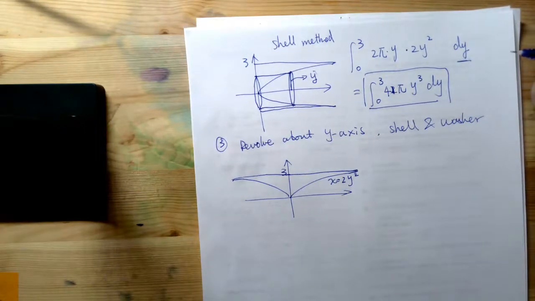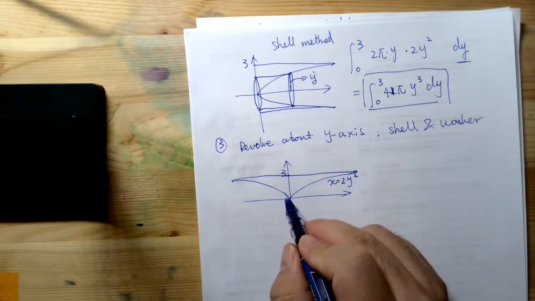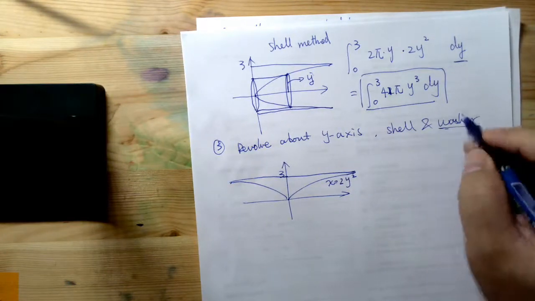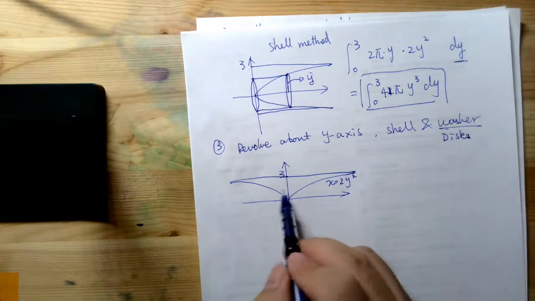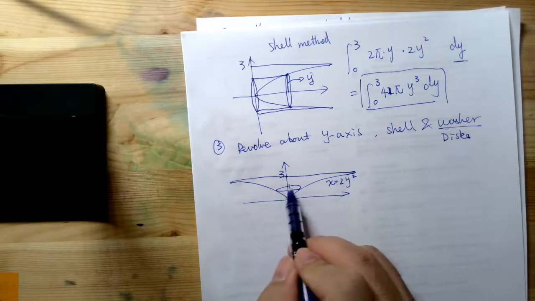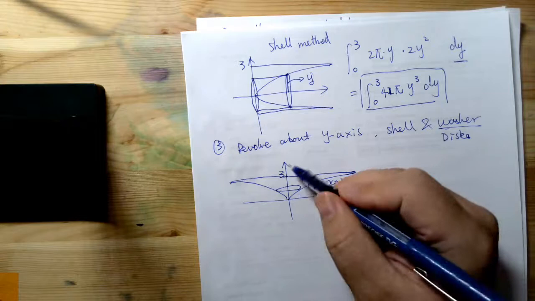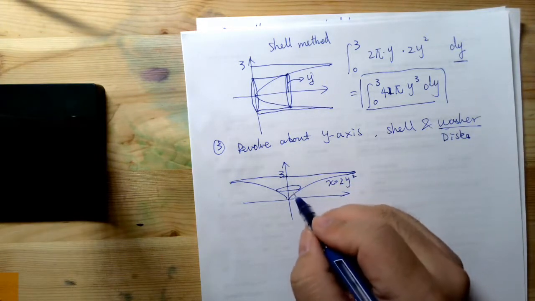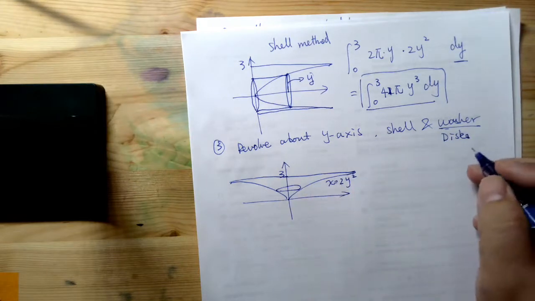In fact, guys, in this problem, if you're going to use the washer method, it should not be a washer method, but instead it's going to be a disk method, right? Because think about this. The cross section that is perpendicular to the y-axis is going to be a disk instead of a washer. So that actually makes things much easier.